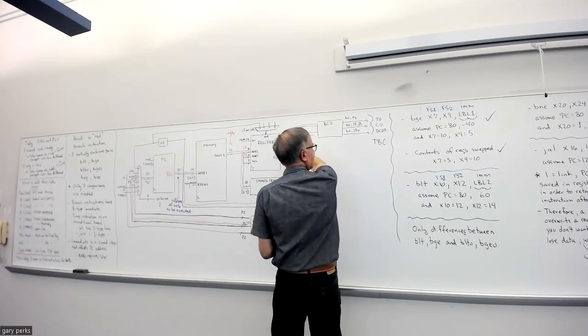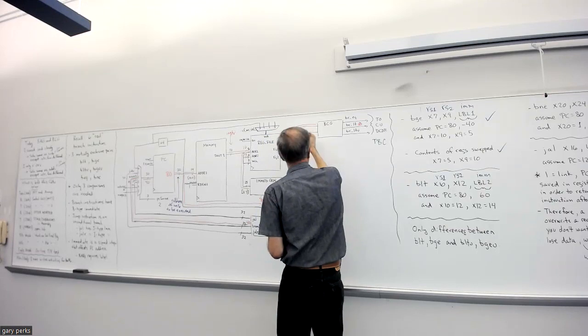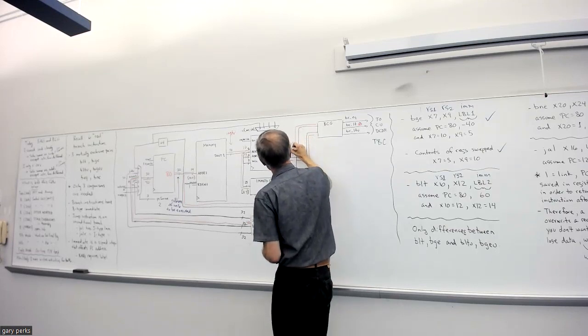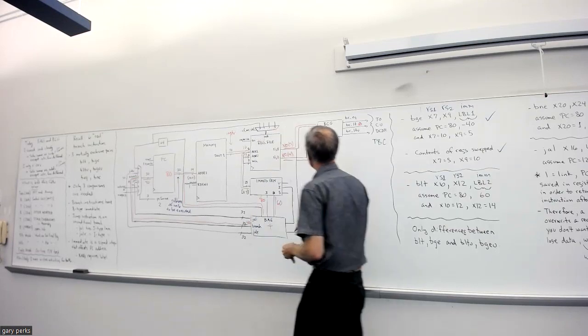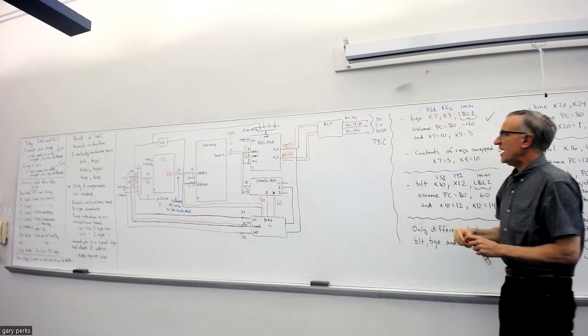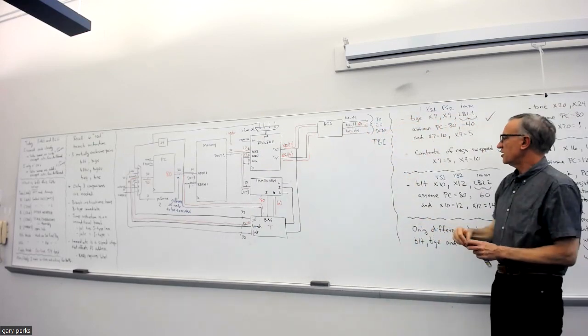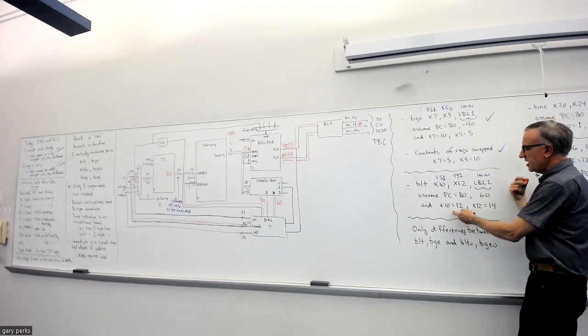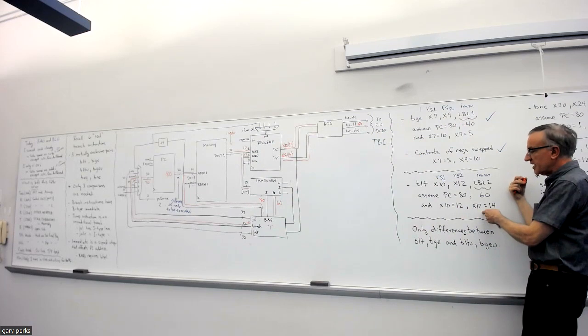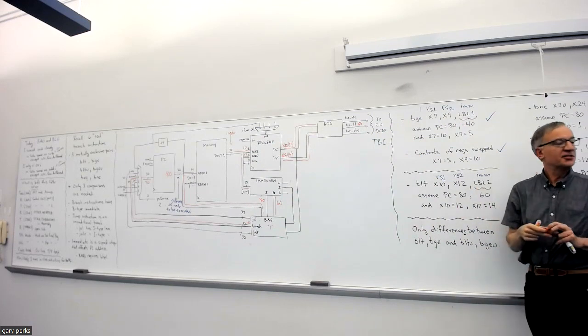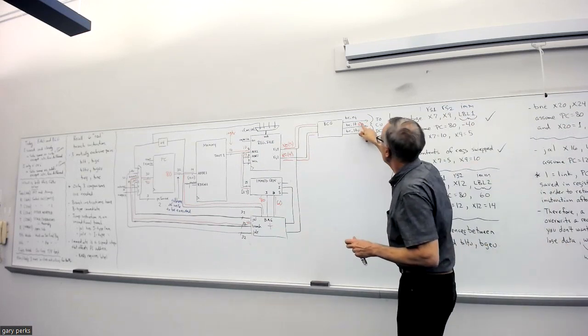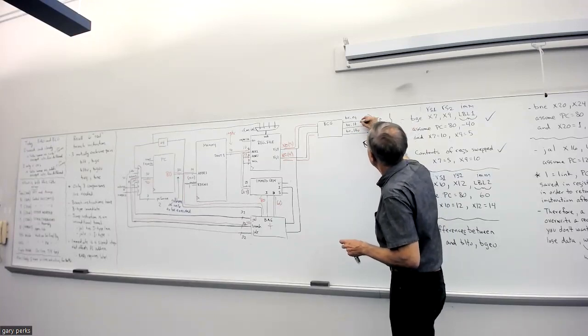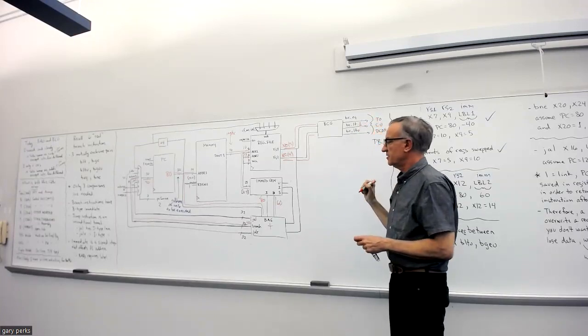Well, it's 12 here and 14 here. So what would we have at the output of our BCG? It would be a 1, right? Because contents of register 10 is less than contents of register 12. So our branch less than would be a 1.